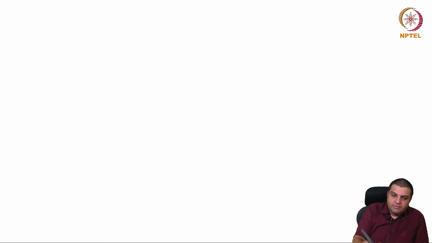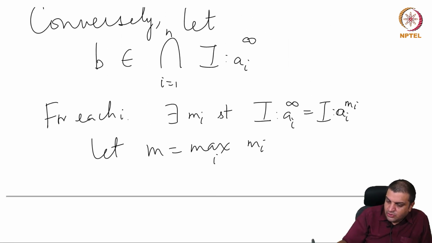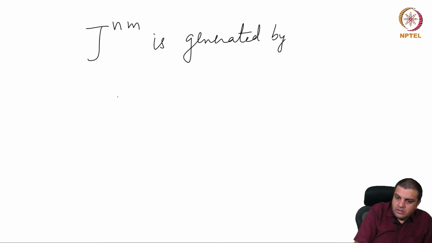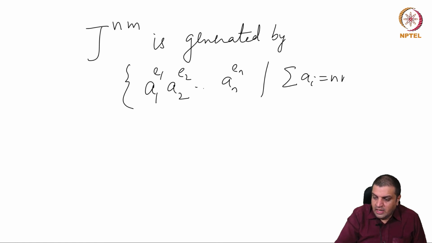So now consider J to the nm. n is the number of generators a1 through an, and m is the exponent that you need to go to in order to saturate each one of those. So what is this? This is generated by a1 to the e1, a2 to the e2, an to the en, where the exponents add up to nm.